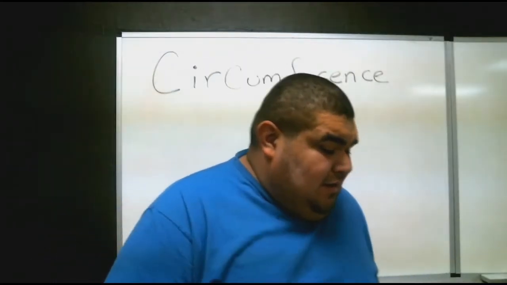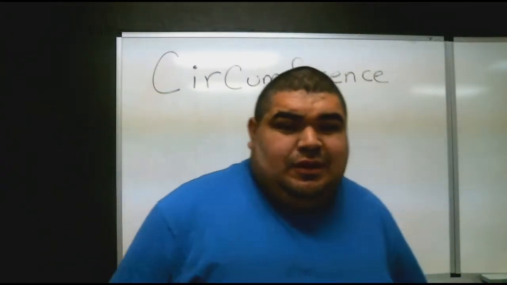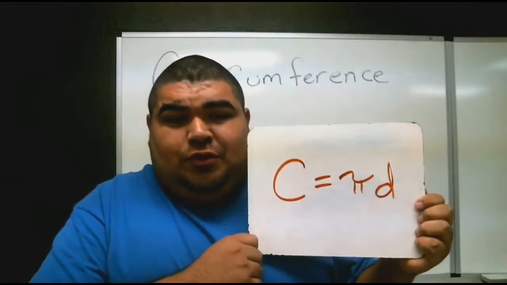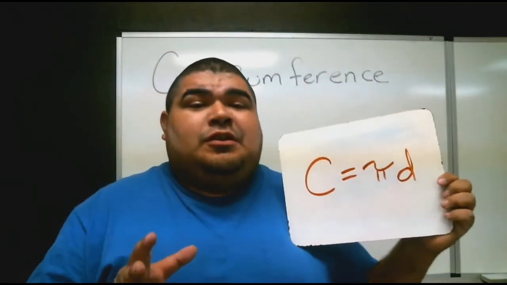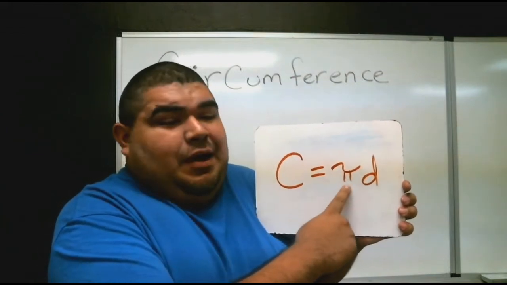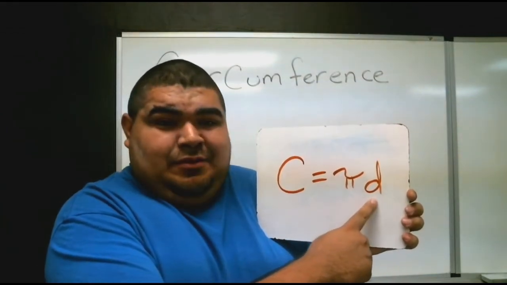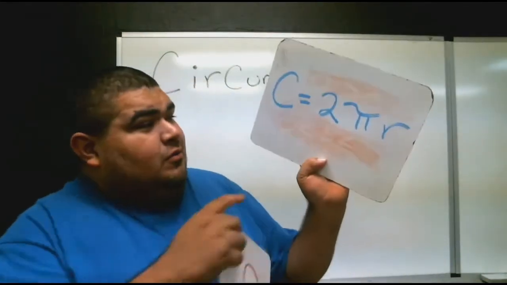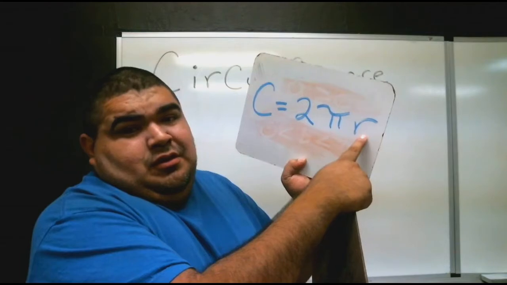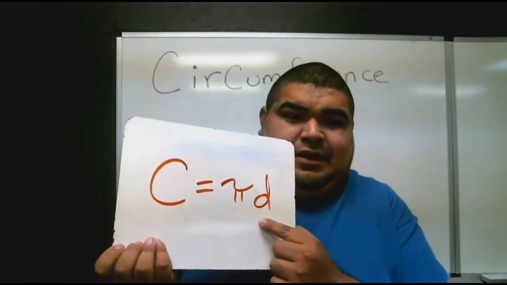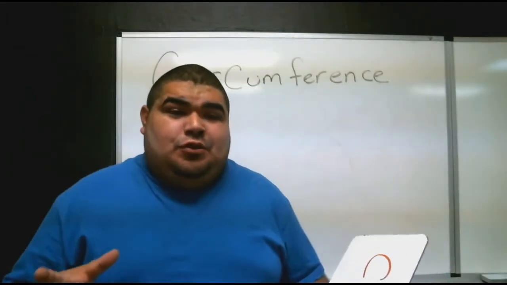The second equation we're going to use, because you can use either one, if this one's easier for you, that's fine: circumference equals pi times diameter, okay? If you look at the other equation, it has 2r. 2r becomes a d. So like I said, you can use either one.